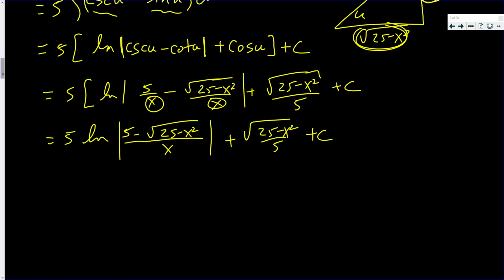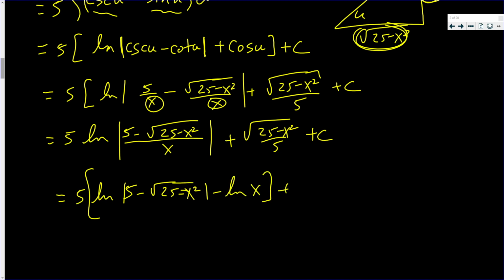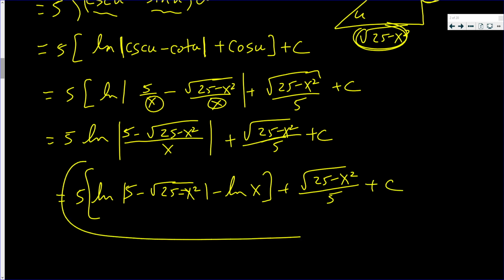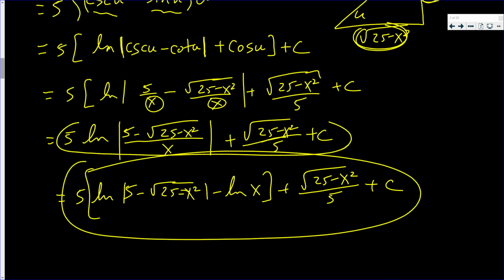Possibly, if you look in, say, your solution manual, they'll say that the answer is ln of 5 minus this, minus ln of x. Think about why that's true. It's a property of logs. Okay, so either one is fine, this last one or the one above.